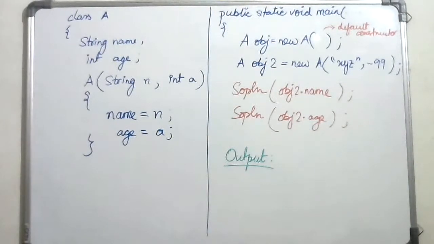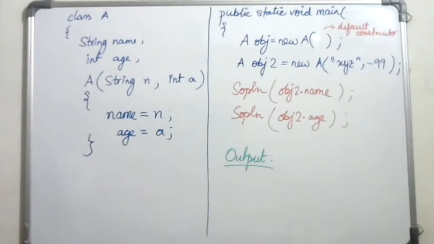The main idea is, using a parameterized constructor, I can initialize my object variables to custom values that I choose, not the ones that are provided by default. Values that I am going to choose according to my liking. So I can use the parameterized constructor to initialize the object variables to custom values.